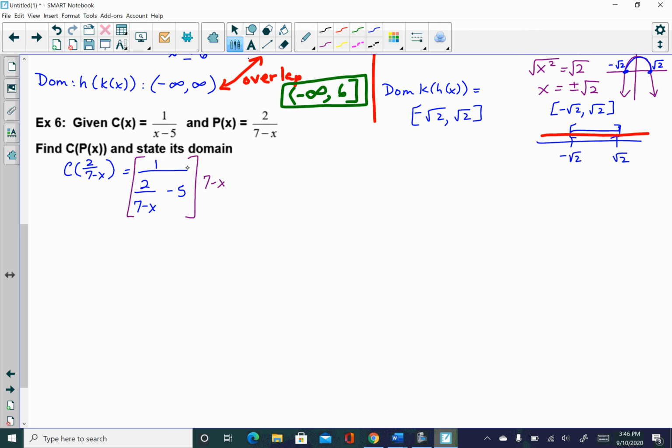So up top, 1 times 7 minus x is just 7 minus x. On the bottom, when you do 7 minus x times this term, the 7 minus x's cancel out and just leave you with 2. And then you have minus 5 times 7 minus x.